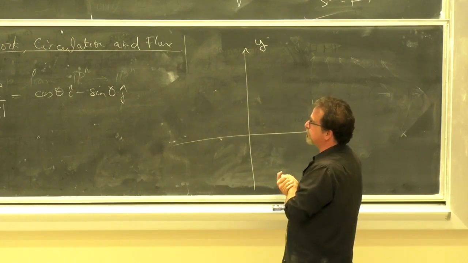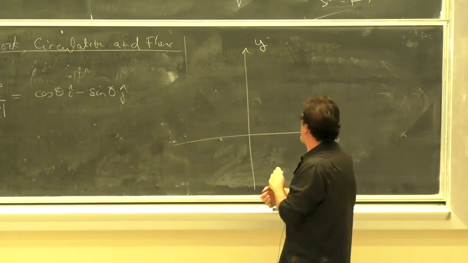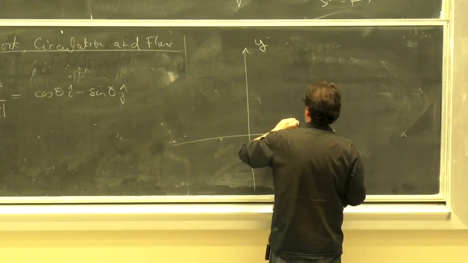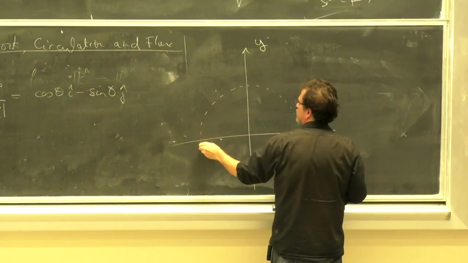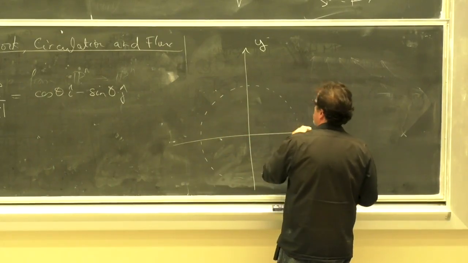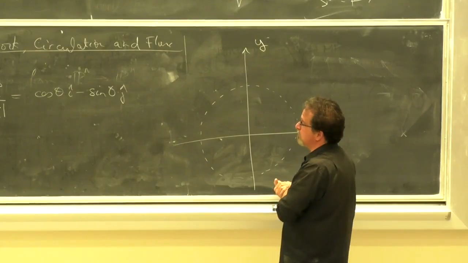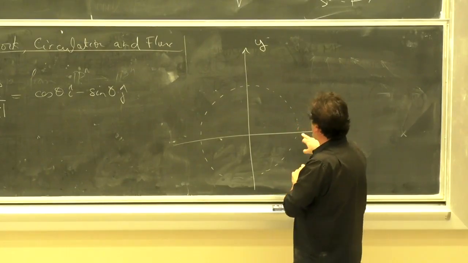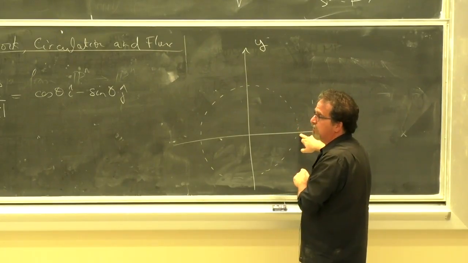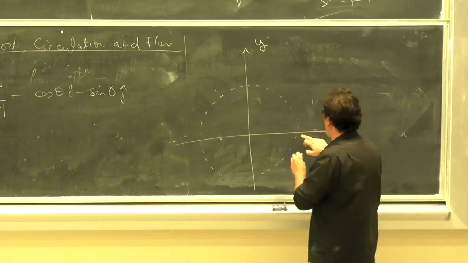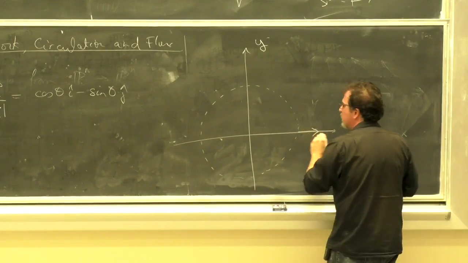Well, we know that its magnitude is constant on circles. Now let's see what direction it takes along this circle. Let's set x equals 1, y equals 0. It's pointed in the i hat direction, so it's pointed out over here.